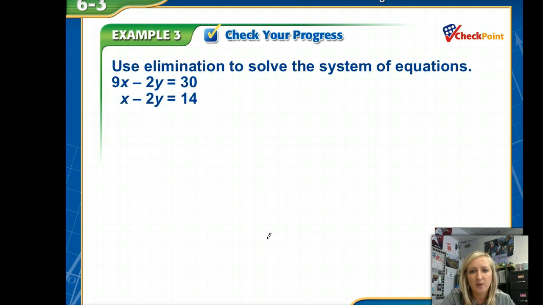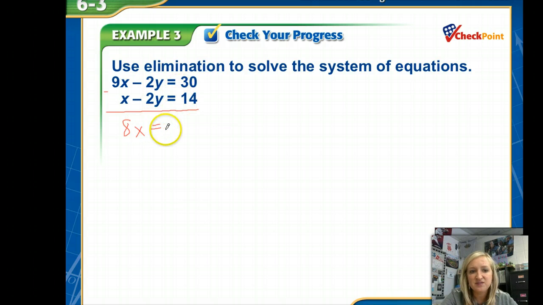All right, let's try another one. If you want to pause the video, it is a checkpoint if you want to try this one on your own. We have 9x and x, but we have a negative 2y and a negative 2y. Well, in order to eliminate these, I'm going to have to subtract them. 9x minus 1x is 8x. And negative 2 minus negative 2 eliminates my y's.